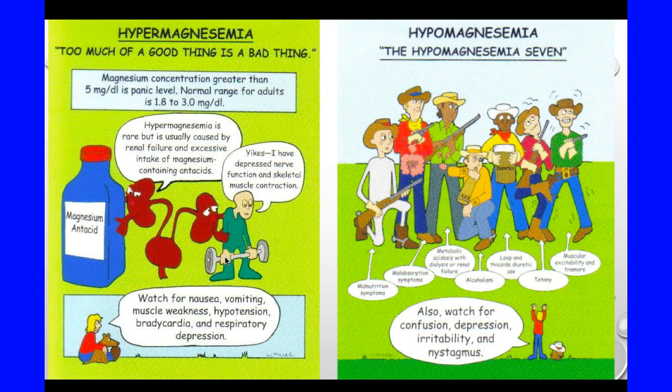Now, hypomagnesemia is more common. Usually it's from malnutrition, malabsorption, or people that drink a lot of alcohol. Sometimes it's people on loop diuretics, which is your Lasix, or thiazide diuretics, such as hydrochlorothiazide or chlorthalidone. That basically does not maintain your magnesium, so more can come out in your urine.